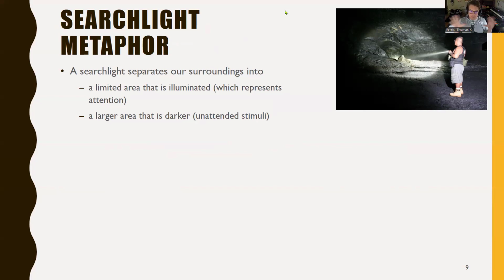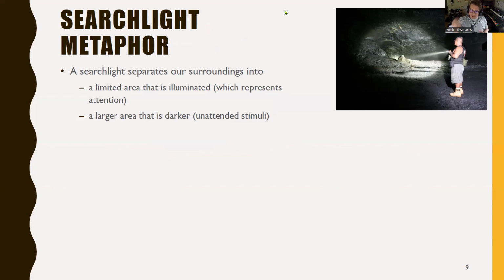But imagine, so this is a metaphor, imagine you're in a dark cave and all around you is potential sensory data. So all around you, you have the ability to process anything in your surroundings.